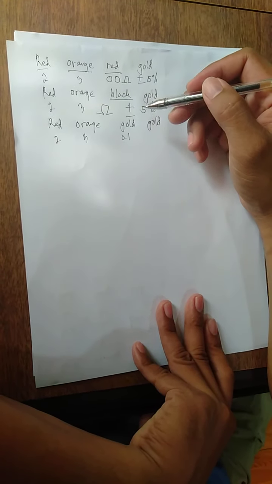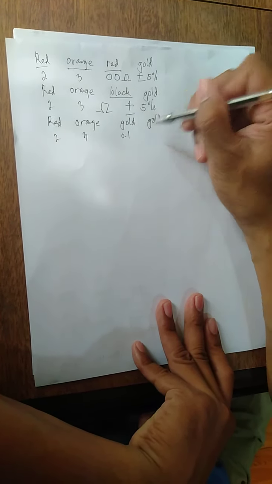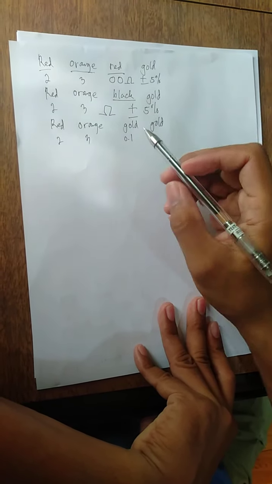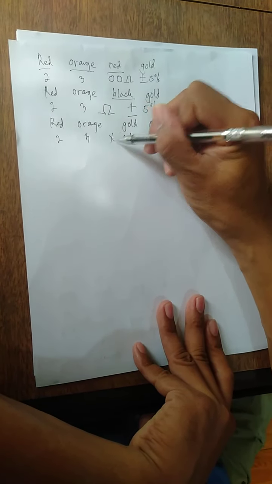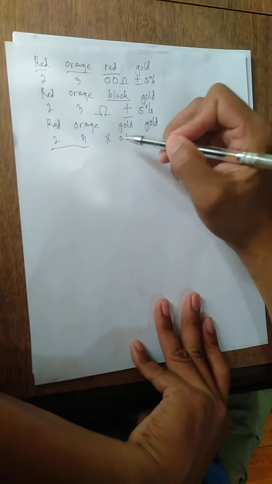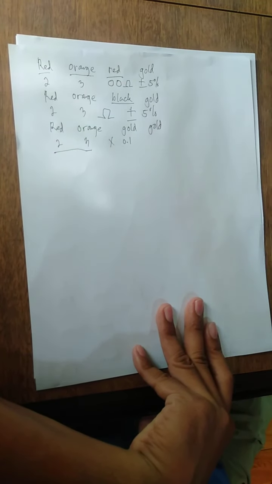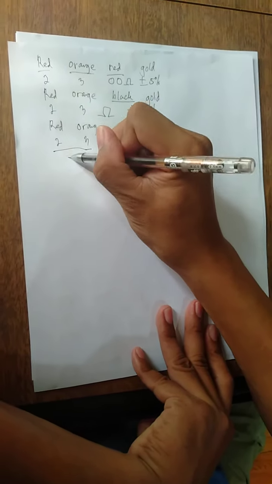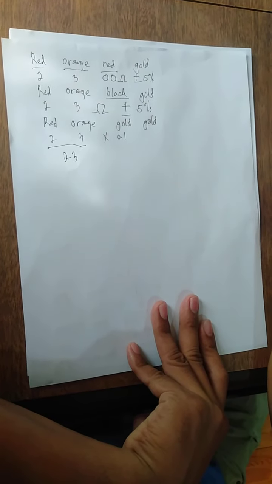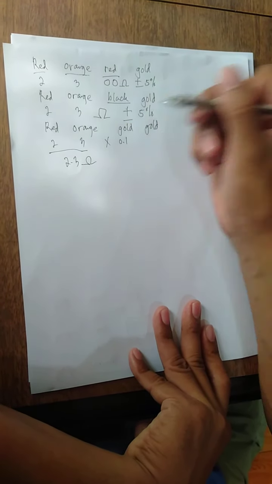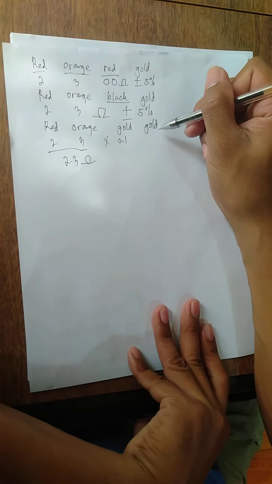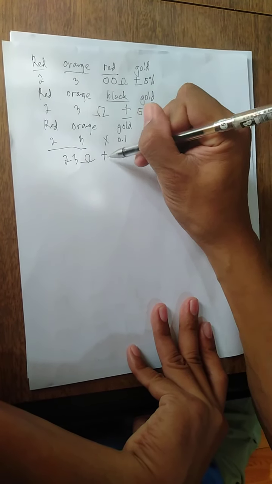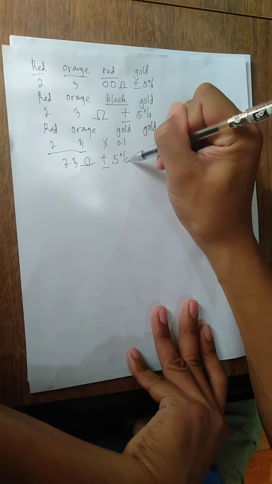And I believe that is in your book. So, what you're going to do is, you multiply 23 times 0.1. So, the answer is 2.3. And then, ohms. Then, the value of gold as the tolerance, positive, negative 5%.